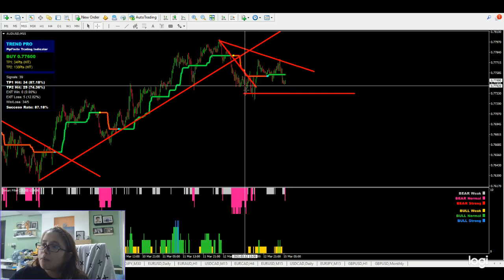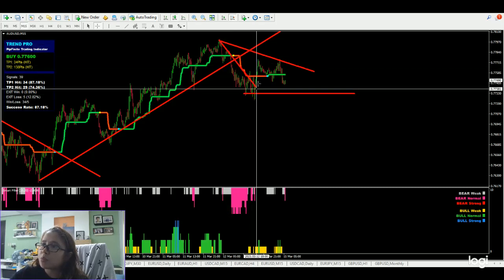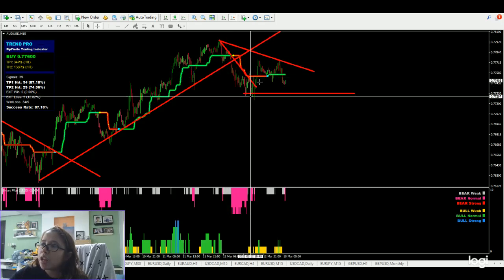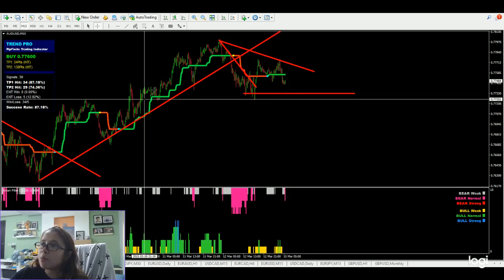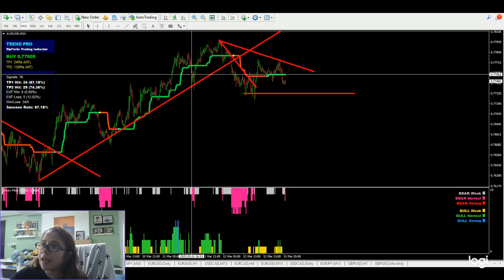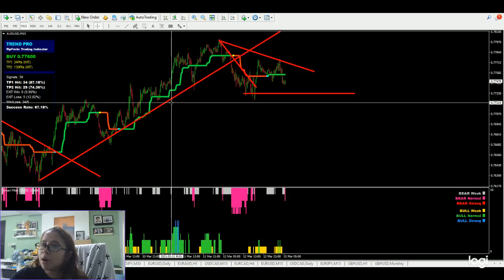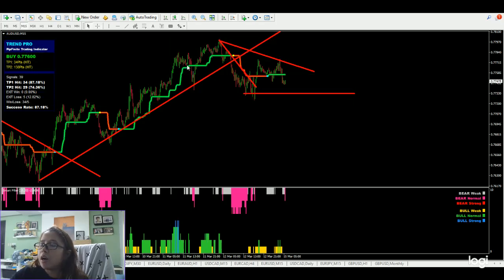So my analysis on this would be that it is trying to retrace after this move to the upside. And we know that we expect that the market cannot move in one direction. So it has to retrace at some point.